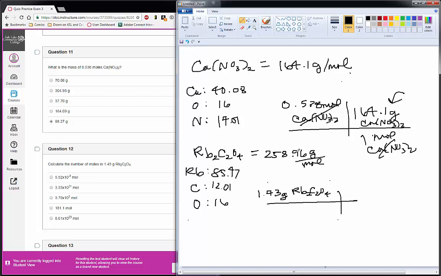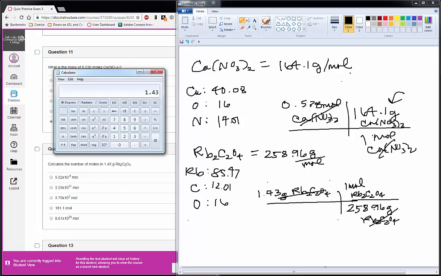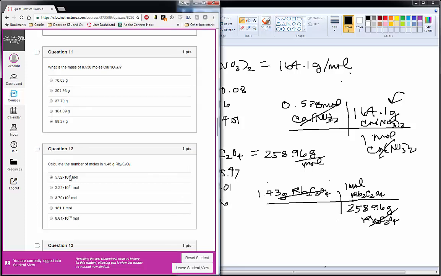And now grams will have to go on the bottom to cancel that out. And 1 mole. Grams cancels. That gives me moles, which is what they asked for. 1.43 divided by 258.96 gives me 5.52. There it is. Almost didn't see it there, but it's there. Times 10 to the minus third.